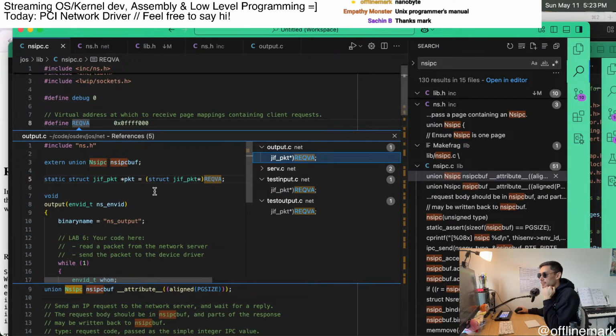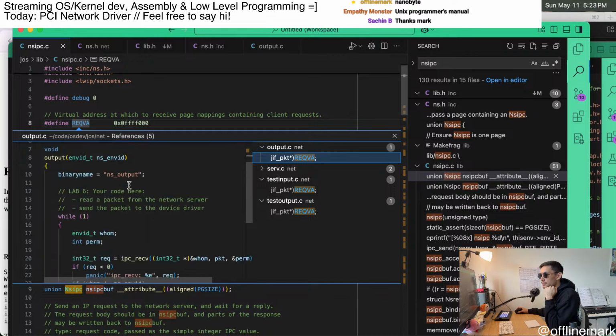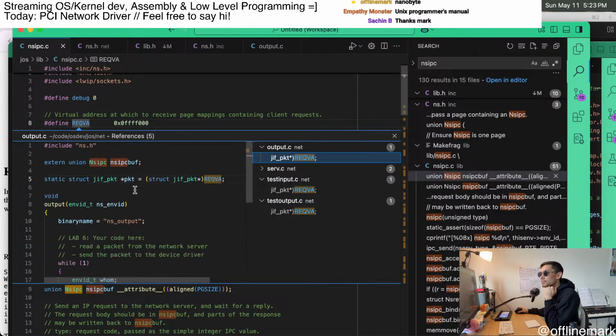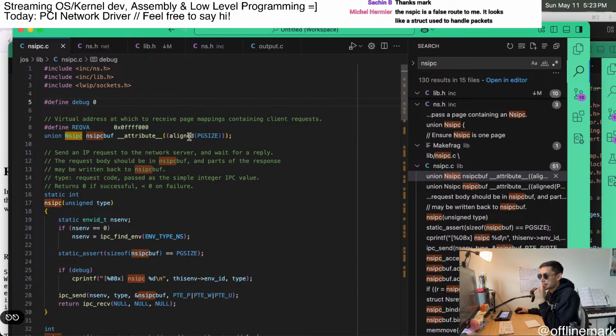Okay, wait a sec. There's this kind of pattern. The false root, yeah, it could be.